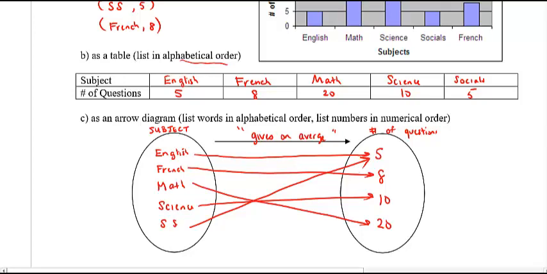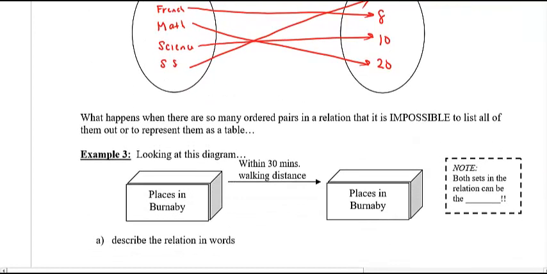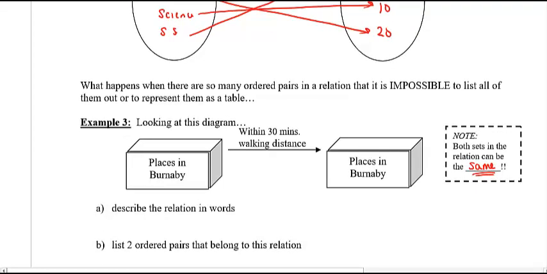Now, the next curious thing is, what happens when there are so many ordered pairs in a relation that it's impossible to list them all out or represent them in a table? Well, looking at this example, the places in Burnaby that are within 30-minute walking distance of other places in Burnaby. And by the way, note, I never said those things had to be different. Both sets in the relation actually can be the same. So how would we describe this in words?